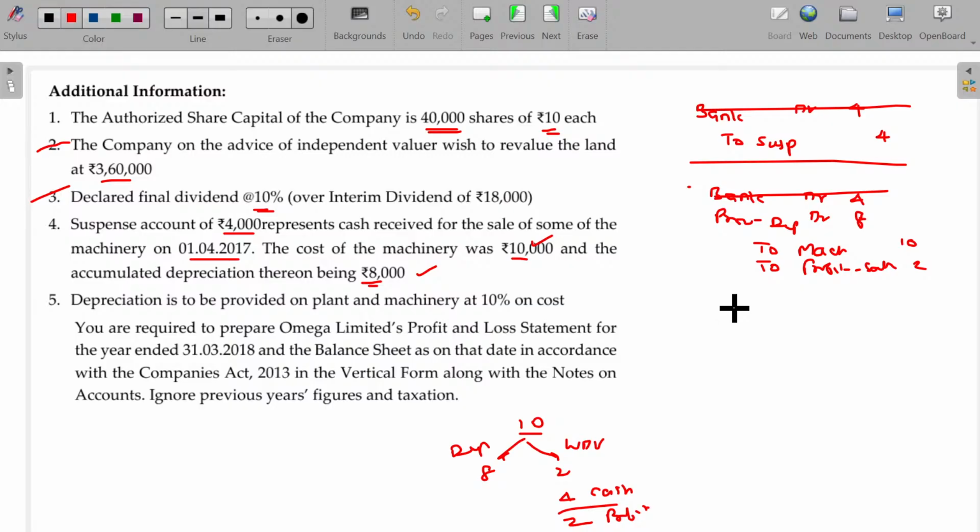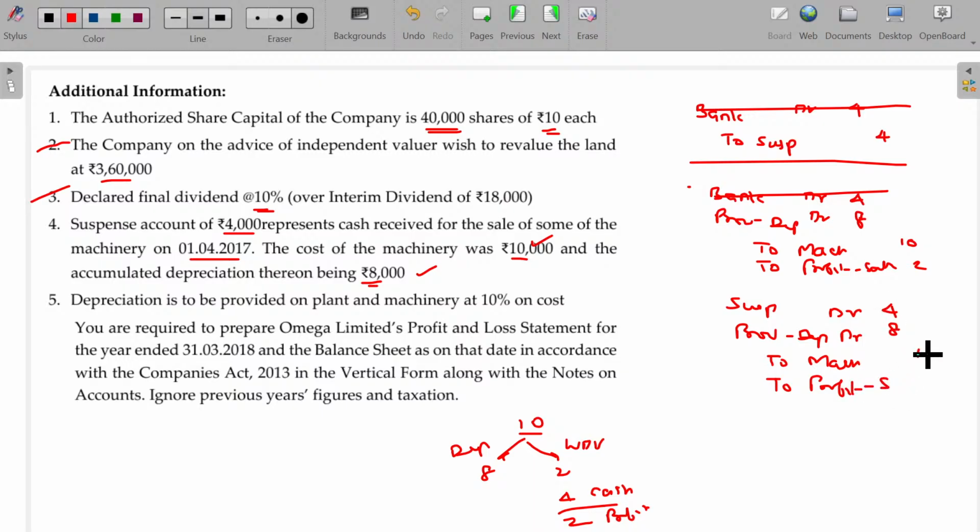Bank account is okay, but the correct entry should be passed and this wrong entry should be reversed. Okay. Suspense account debit, provision for depreciation account debit, to machinery, to profit on sale.